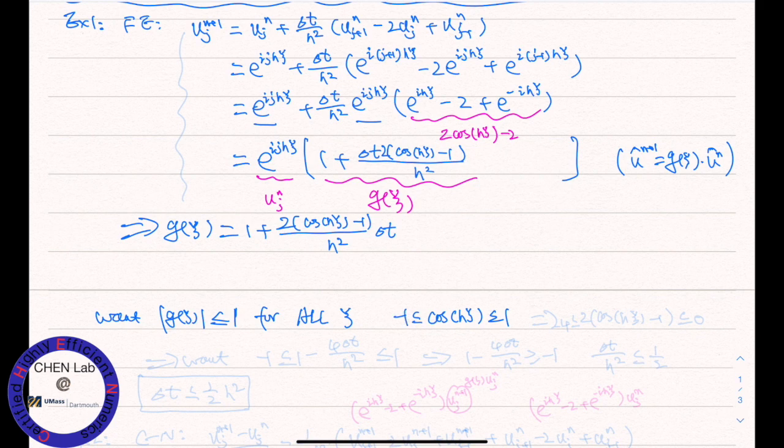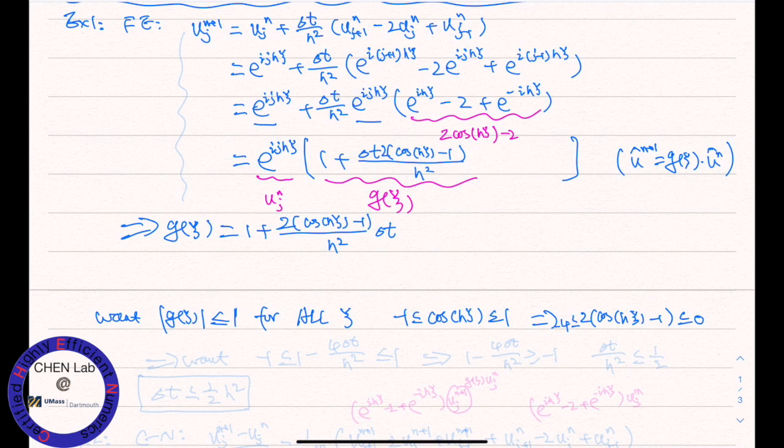So this means that the 2 times cosine h c minus 1 is between 0 and 2 times negative 2, negative 4.